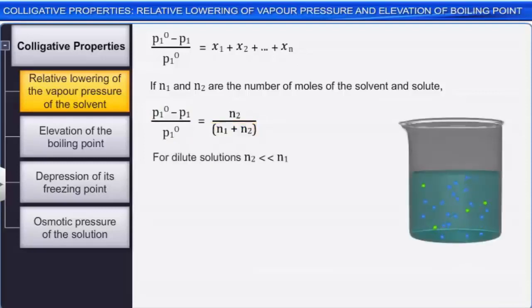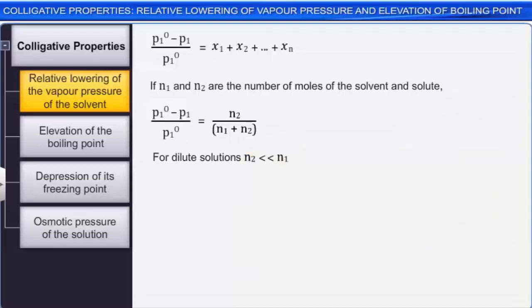If the solution is very dilute, then the number of moles of solute will be very less as compared to the number of moles of the solvent. Therefore, neglecting N2 in the denominator, we get (P1⁰ − P1) divided by P1⁰ is equal to N2 divided by N1.